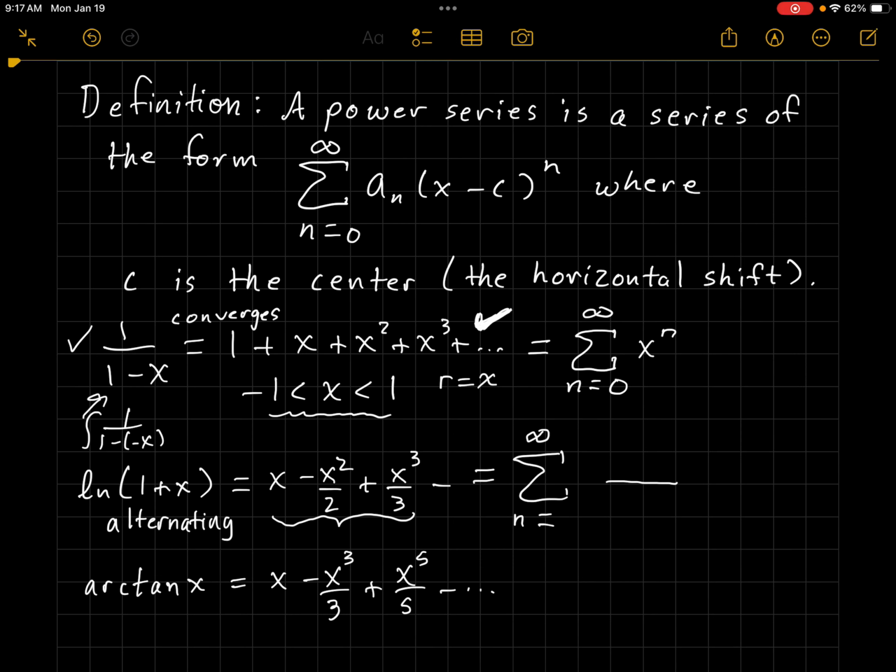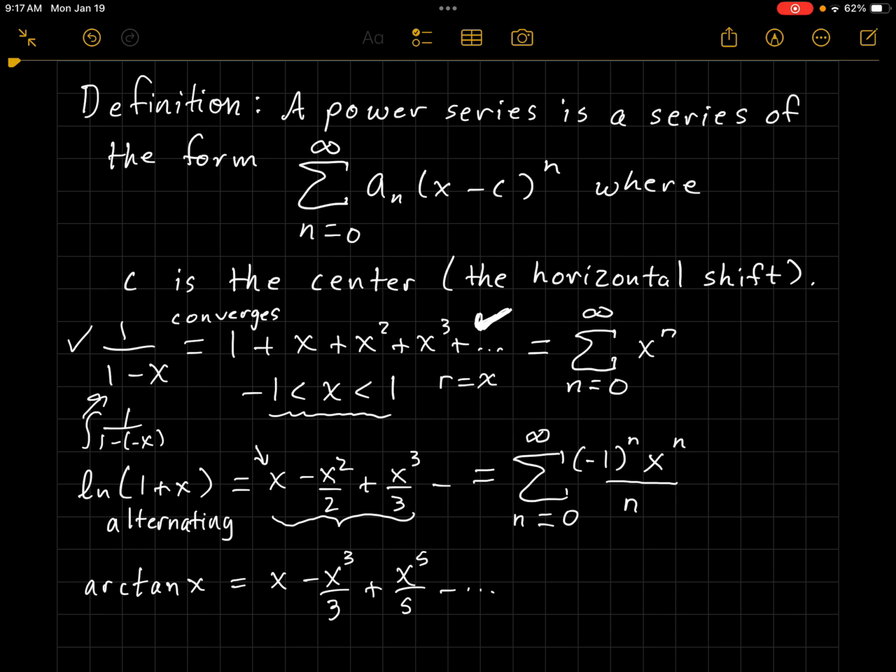So when we have alternating signs, we almost always have a -1 to the n or to the n plus 1 power, depending on what you choose. I notice that the first term here is positive, so I'm going to start at n equals 0, which gives me -1 to the 0 or positive 1. And then it looks like I have x to the n over n.